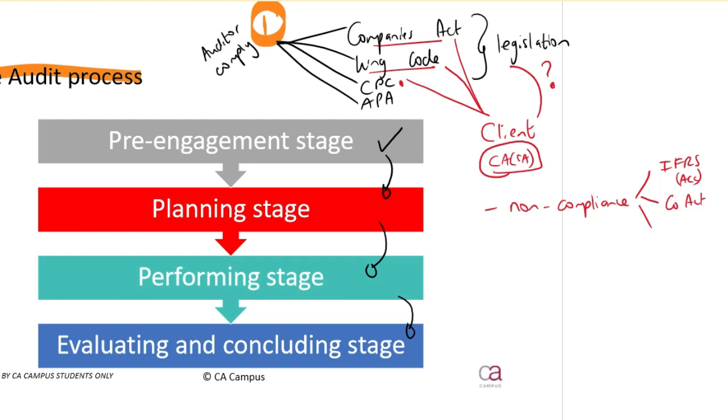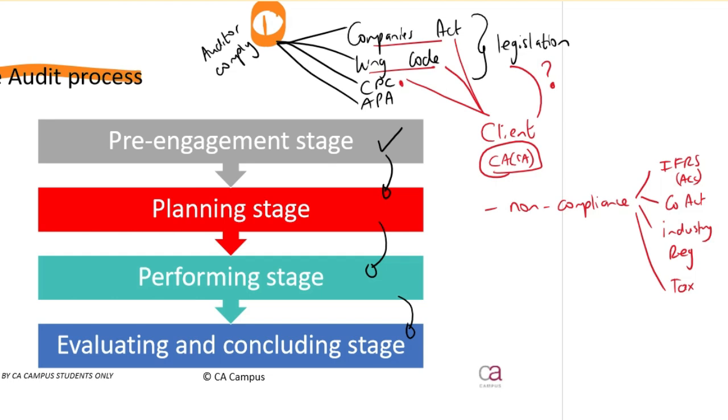It could be non-compliance with industry regulations. It could be non-compliance with tax regulations and legislation. And so, all the legislation we've done is applicable and needs to be considered by the auditors throughout conducting the audit process.